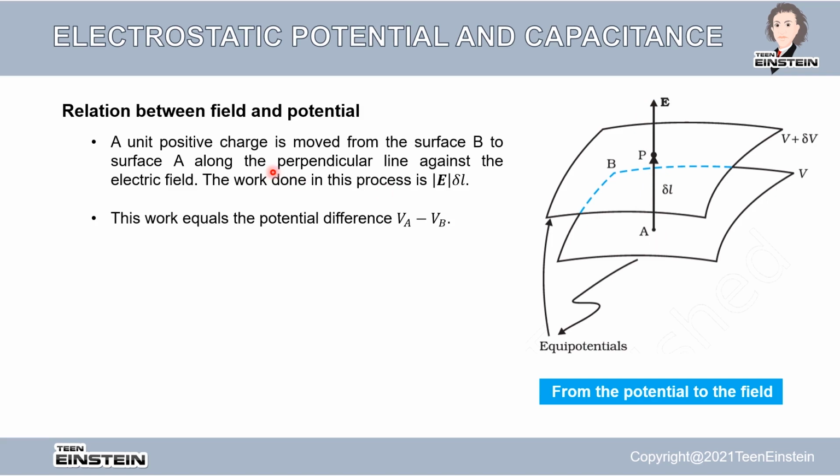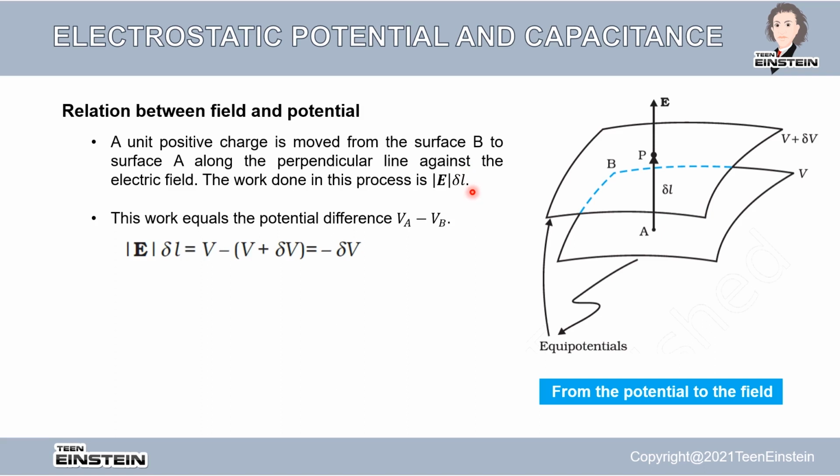In this case the work done is E times delta L, delta L being the perpendicular distance between the two surfaces. Now the work done equals the potential difference between the two surfaces, that is, between VA and VB.